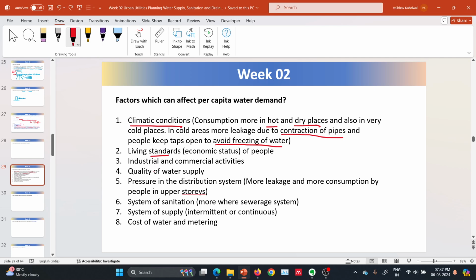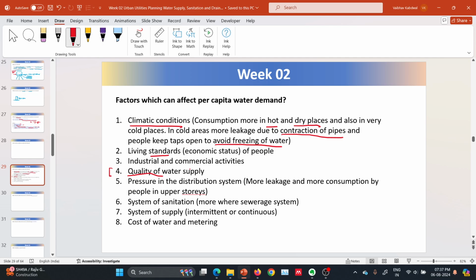Then quality of water. It should be understood that if the quality of water is not good, then the demand will decrease. People will buy water from other sources. They will try to find other sources.